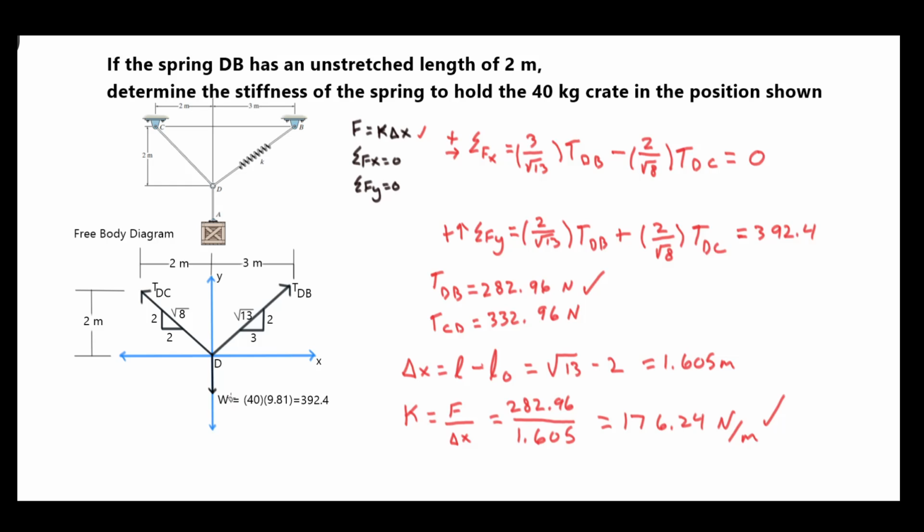In this case, it was the weight in this y direction. That'll turn into a positive value for your answer here. And then once you solve for the two unknown forces, you can, in this case, use that force to find the k constant of the spring.